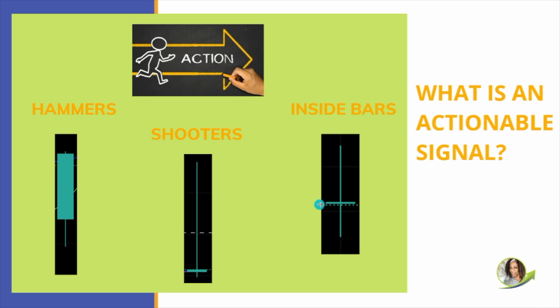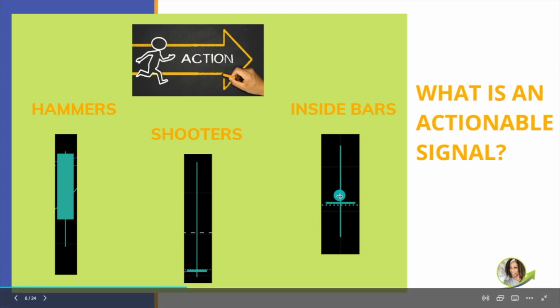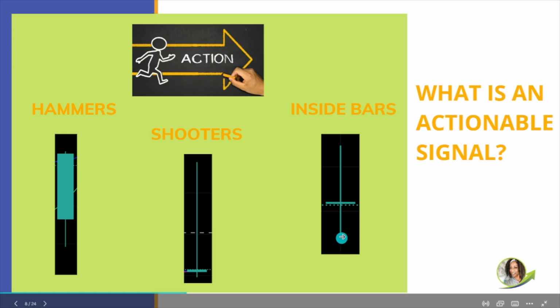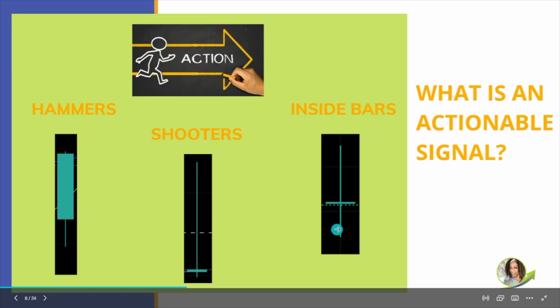This in particular is a doji candle, meaning just like how in this shooter, it opened and closed close together, but also has long wicks on either side. That's an indecision candle. Basically, what we look for as an actionable signal here is a break to either side. So you're looking for it to break above the high of this candle or below the low of that candle. That's your actionable signal. That's what you take action on.